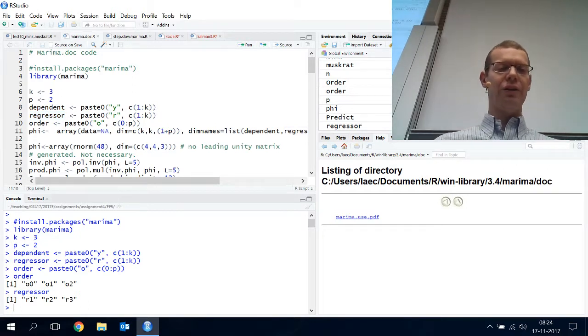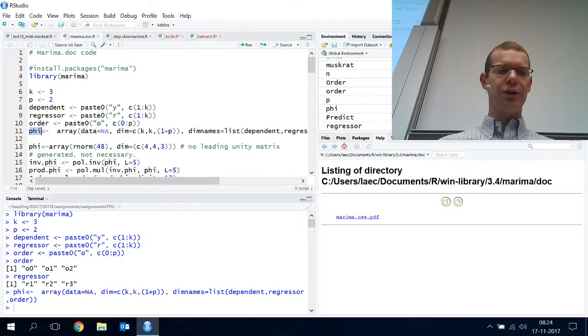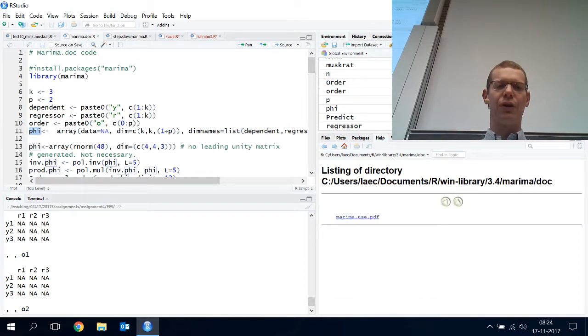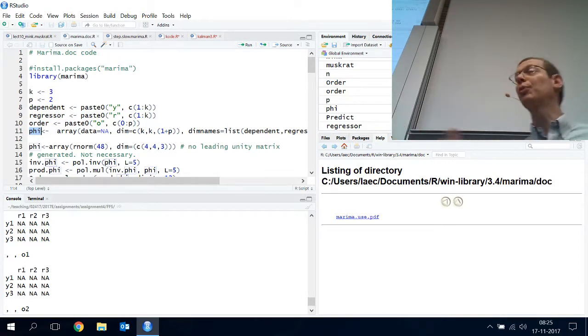And then I'll create an array for the phi here. First, I'll just fill it with NAs, just so you can see the structure of it. So you have, in this case, 3 matrices. What we really want, you can say the regressors is what you multiply onto it, and then you get the output y's here.